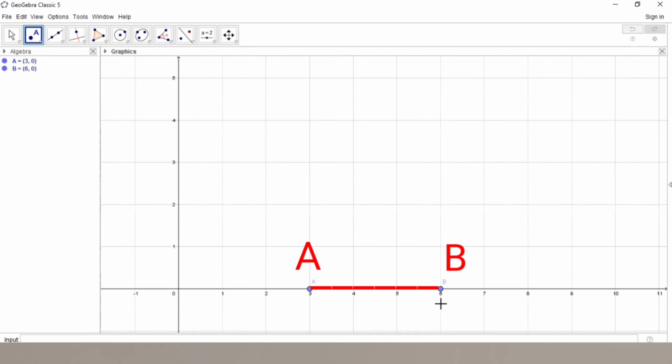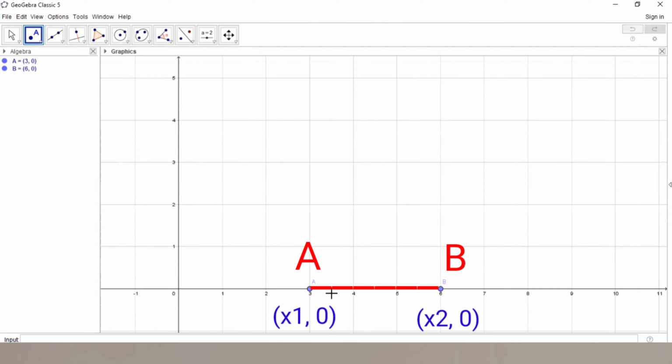and 3 units. Generally, we have a formula for this situation: if there are 2 points given on the x-axis, let the coordinates of point A be (x1, 0) and the coordinates of point B be (x2, 0).